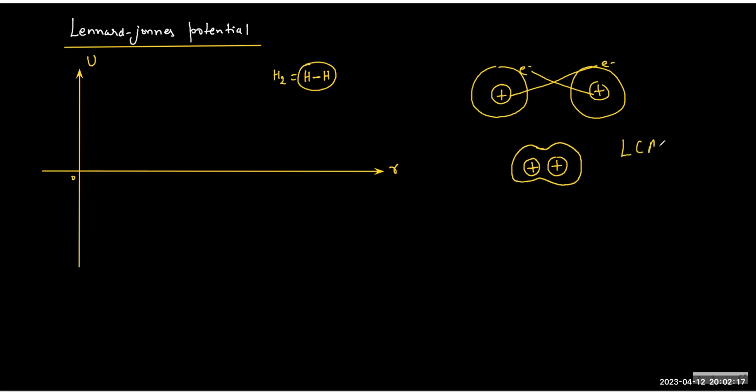And we have LCAO, linear combination of atomic orbitals. So it is no longer the atomic orbital, it is the orbital of the molecule. Now what happens? They do repel, but they only repel when they come really close. So when they attain the lowest energy configuration, the attraction of the negative and positive charges pairwise and the repulsion between the nuclei will balance out each other.